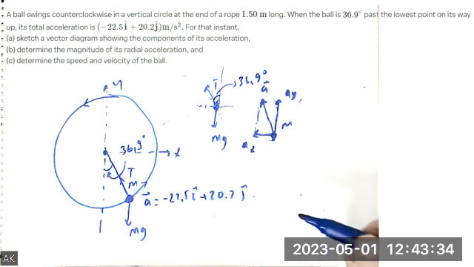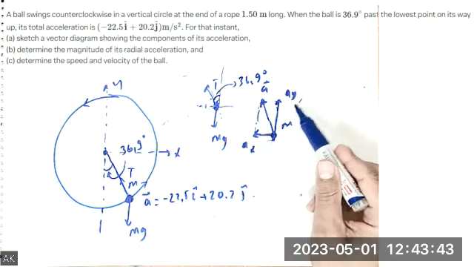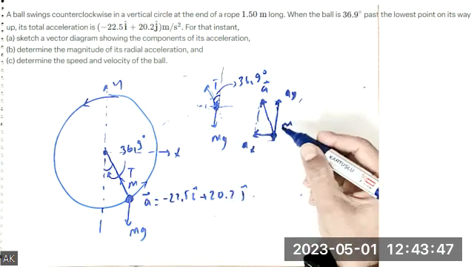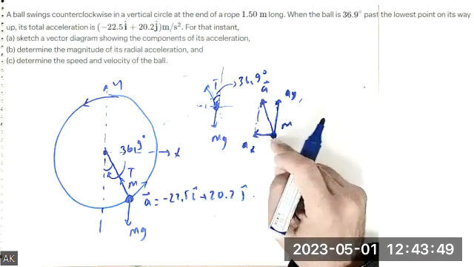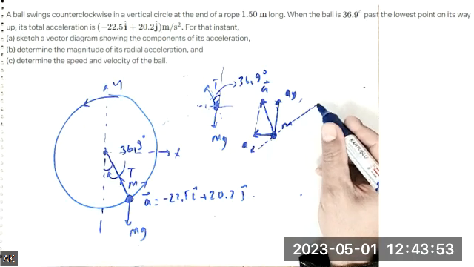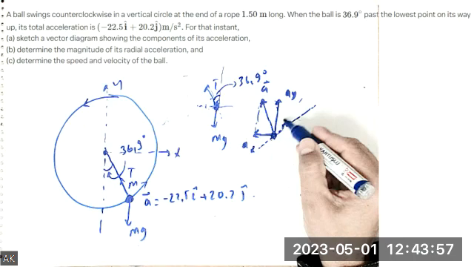One thing is, what is this radial acceleration related to? This is the total acceleration vector, and let's draw also the tangent line. This is the tangent line. The circle goes like this, okay?